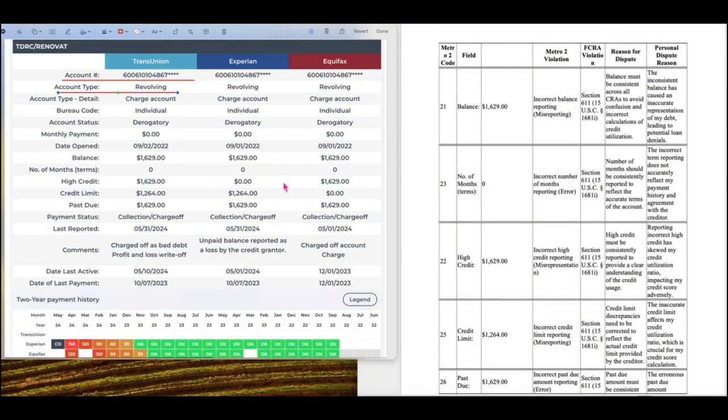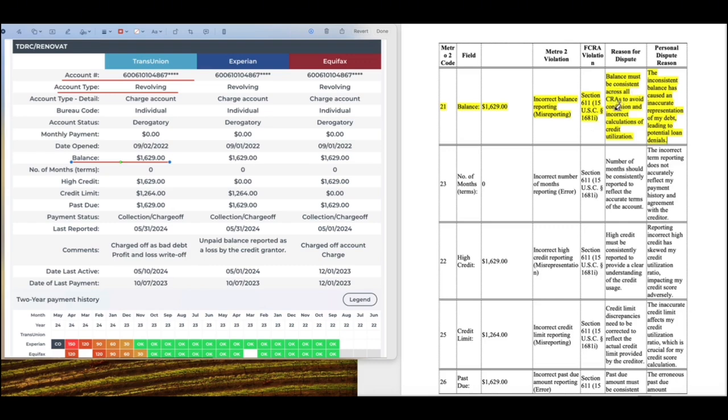Okay, so we'll do balance. Balance is 1629. Over here under account balance, the code for account balance on this specific account is 21. So for the Metro 2 violation, we're going to say incorrect balance reporting, misreporting, same section 611, 15 USC 1681i.